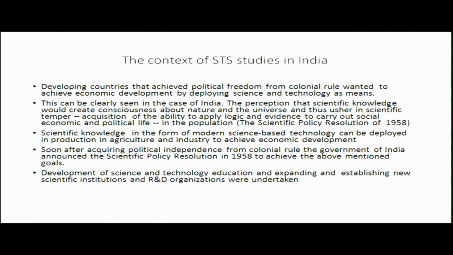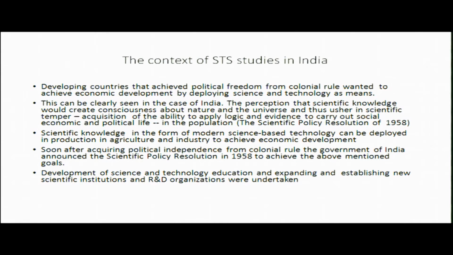The perception that scientific knowledge would create consciousness about nature and the universe and thus usher in scientific temper, acquisition of the ability to apply logic and evidence to carry out social, economic and political life in the population. Second, the scientific knowledge in the form of modern science based technology can be deployed in production, in agriculture and industry to achieve economic development.